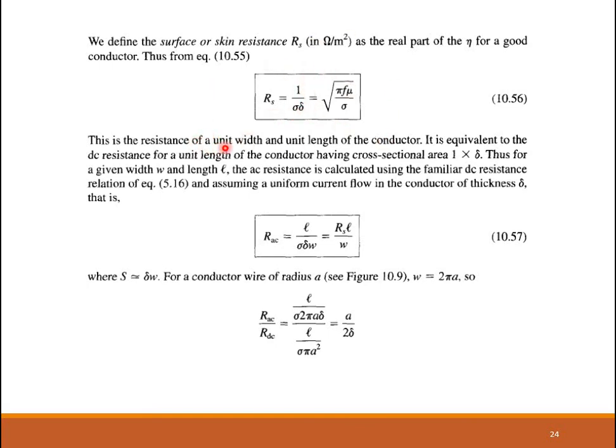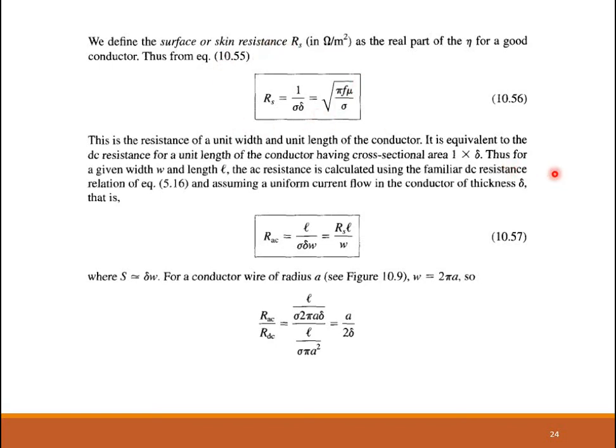It is the resistance of a unit width and unit length of the conductor. And it is equivalent to the DC resistance for a unit length of the conductor having a cross-sectional area 1 cross del. So basically what you need to know is this definition: the resistance of unit width and unit length of the conductor. That is what you mean by surface or skin resistance.